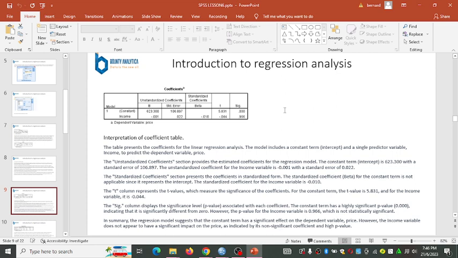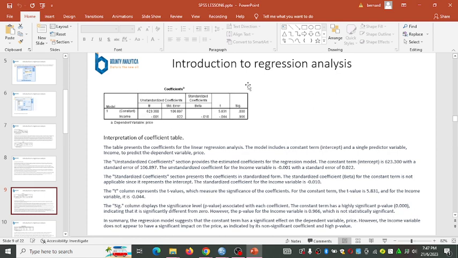So c is the constant, which is this value here, and m is the slope. So we write price is equal to, in brackets, income multiplied by this, plus the constant value, which is this one.